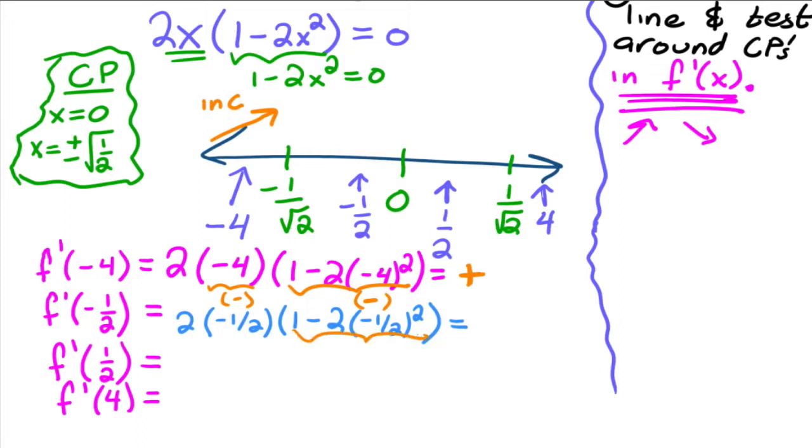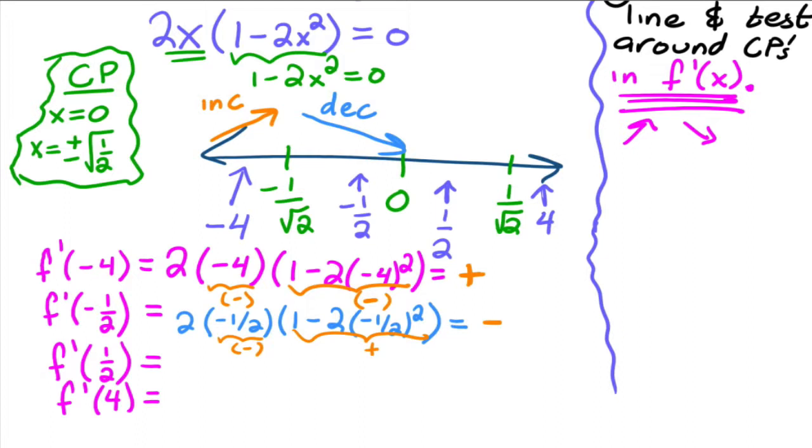So this time this is going to be positive times a negative, that's going to end up being negative. So that means now that on this interval, my function is decreasing. Okay, great. I'm chugging right along here.